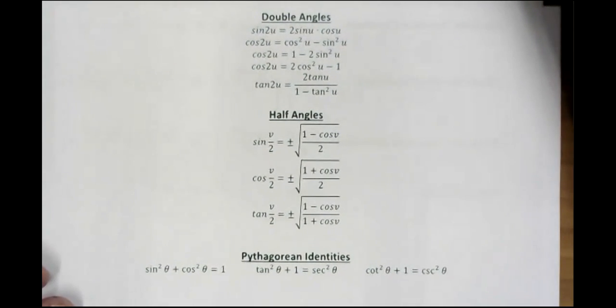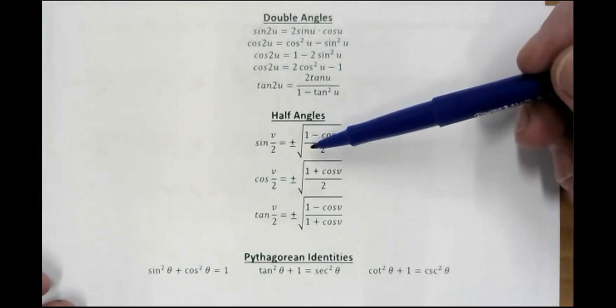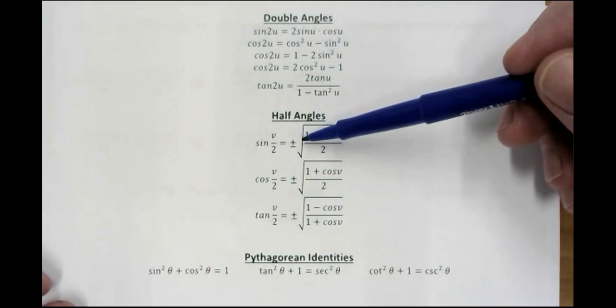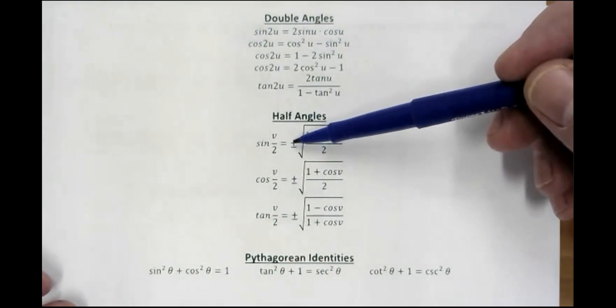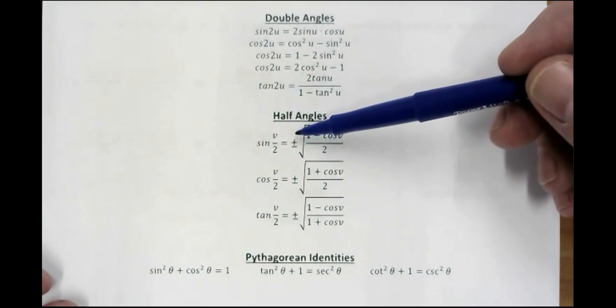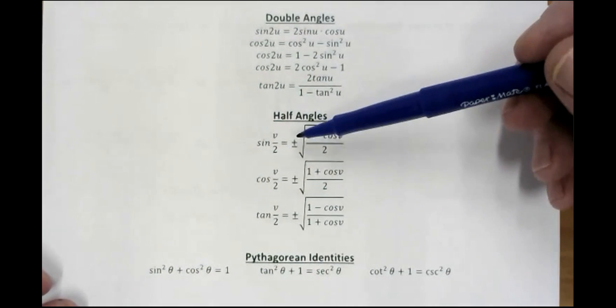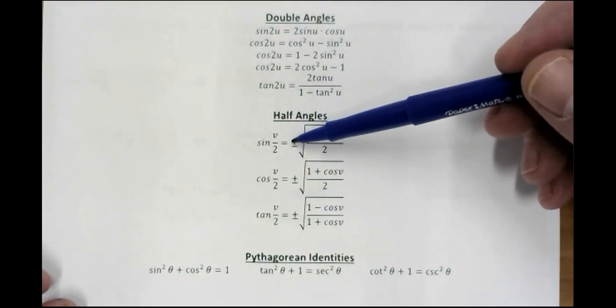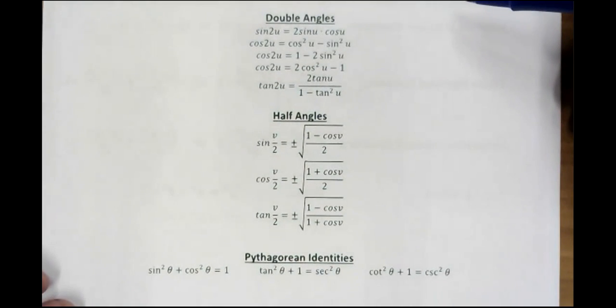So before I start trying to calculate the formula, I need to determine whether my answer is going to be a positive or negative number. So let me show you how we determine that, and then maybe actually work out a couple of problems.